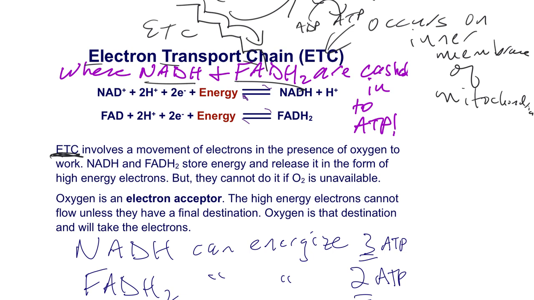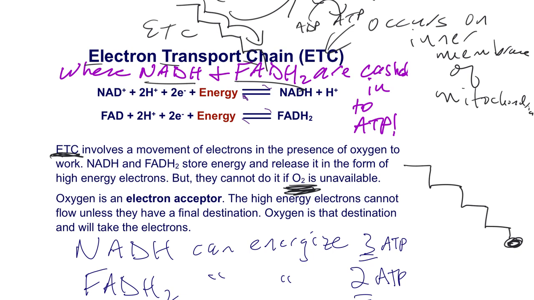Okay, at the end of the chain is oxygen. At the very bottom of the chain, the final electron acceptor is oxygen. Now, if oxygen is not down there at the bottom, the electrons won't fall down the ETC, and you won't get that fourth stage occurring.